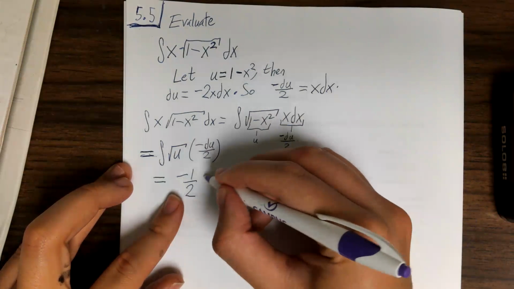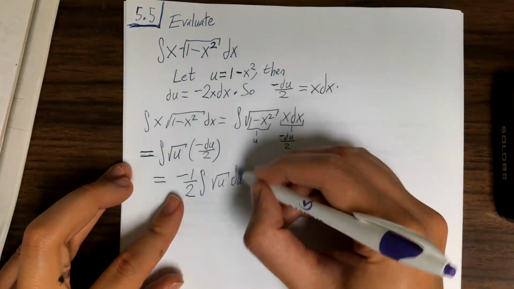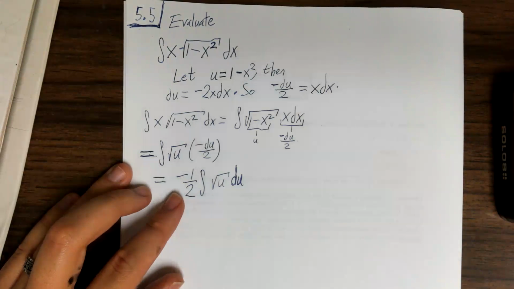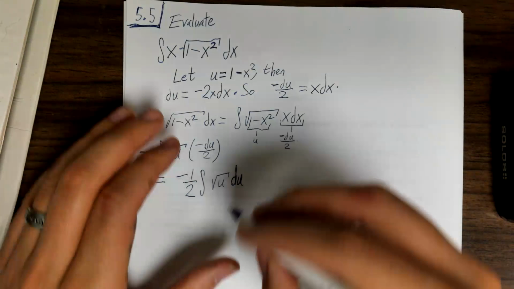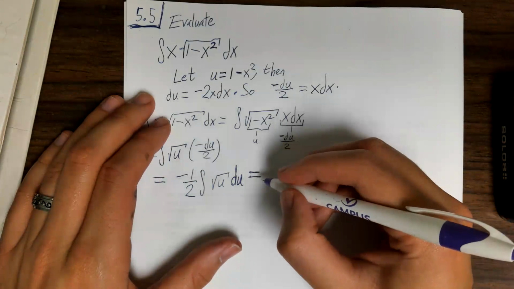So this is like a negative 1/2 square root of u du. All that was just me pulling out the constant negative 1/2, because all negative du over 2 is a negative 1/2 times du. And now we're in the form where we can just directly evaluate this integral.